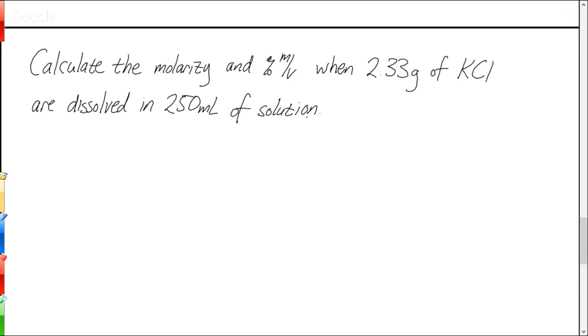Anybody? These are like chemical bottles, and it says like 0.03 m. Yep. Telling you how much solute is in there. All right, let's give it a try.